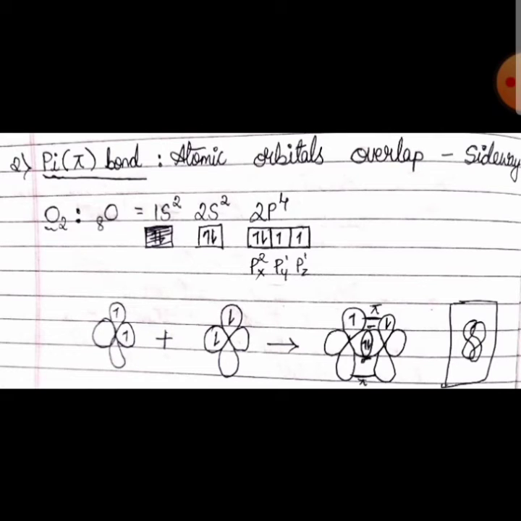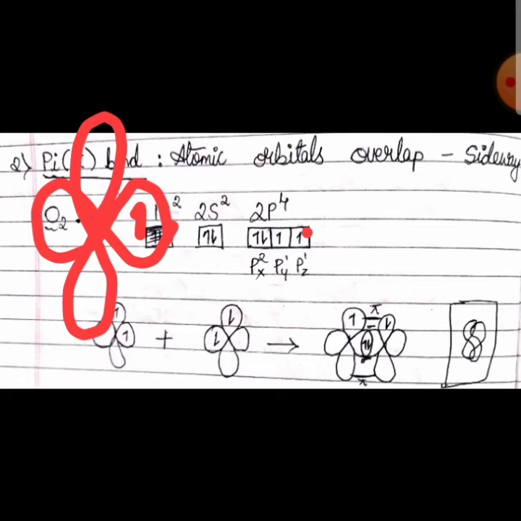First of all, the p orbital of one oxygen atom has one unpaired electron, and another dumbbell-shaped p orbital has one more unpaired electron. We have written it in this way.